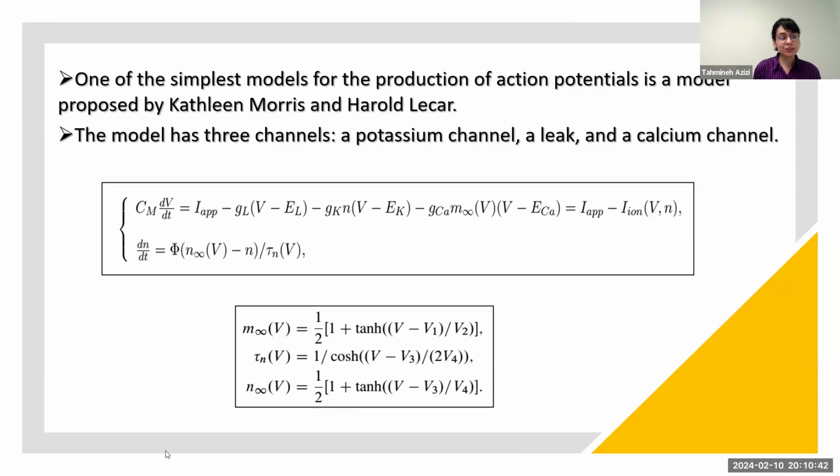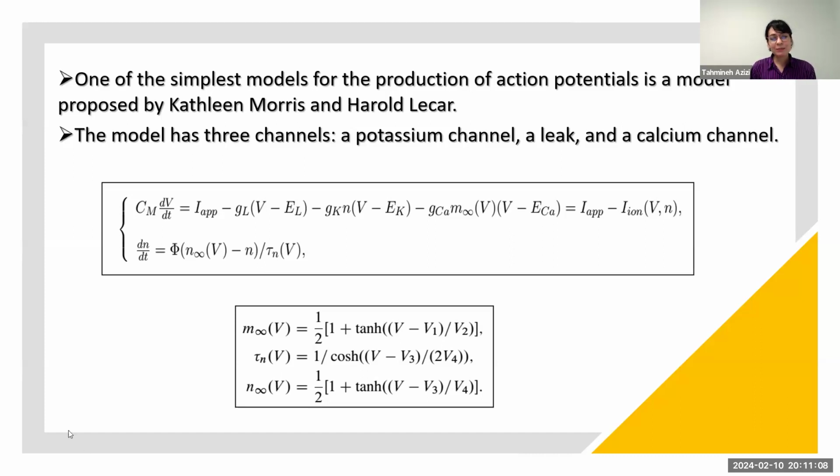And the second equation shows the evolution of the gating variable. N is a gating variable parameter which represents the activation and inactivation dynamics of the ion channels. It controls the opening and closing of those ion channels across the axon, which is controlling and changing the membrane potential. Here we have potassium, calcium and leak ion channels.